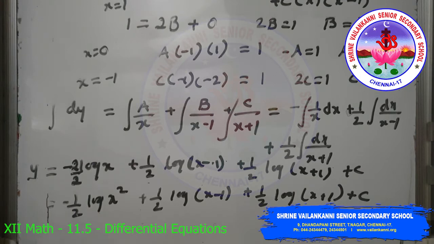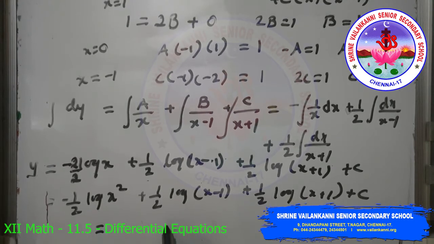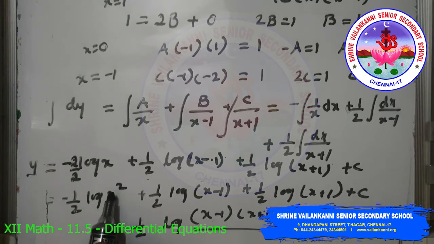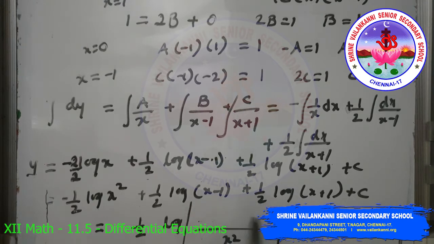Using the formula log x + log y = log xy, I can write this as half log (x − 1)(x + 1), and here it is minus half of log x². Since log x − log y is log x/y, we write this as x² plus c. Here (x − 1)(x + 1), using the identity, we can write as log of (x² − 1)/x² plus c. So y equals half log (x² − 1)/x² plus c.